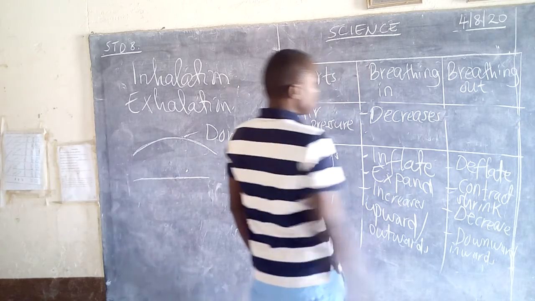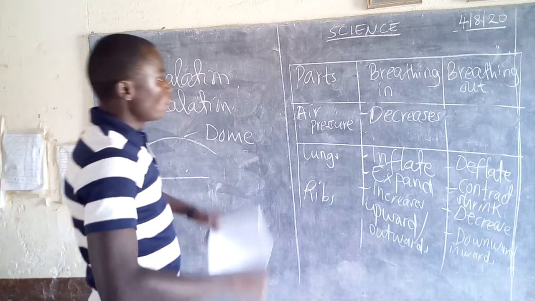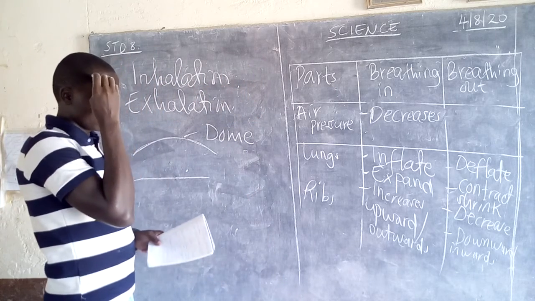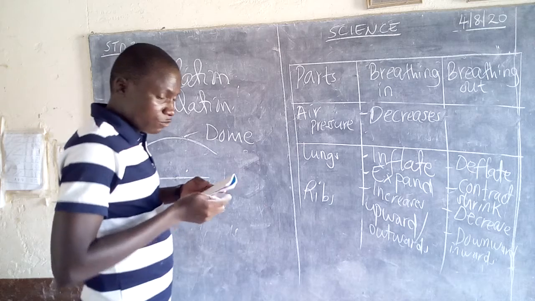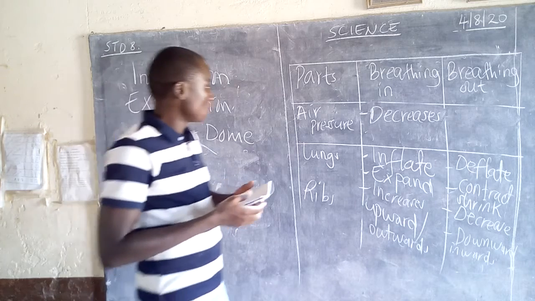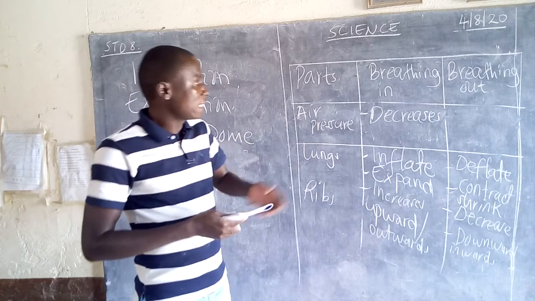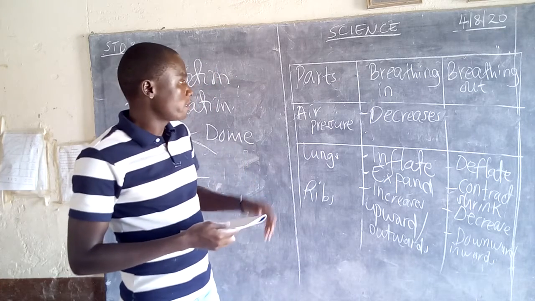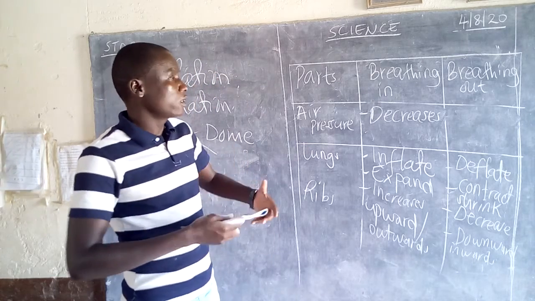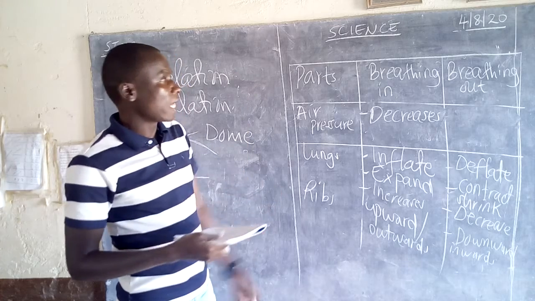It decreases to allow in air. For example, you want to inflate a balloon. For you to inflate it very well while holding it in your hand like this, you will have to reduce pressure. If you put more pressure, then it won't inflate the way you expect it to inflate. So you'll have to decrease pressure to allow air in.